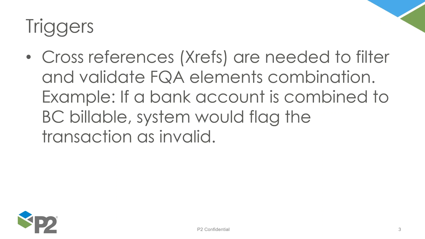So when you activate the cross-references between account and bill code, and when you go and define the valid combinations and the invalid combinations, then if you match a bank account with a billable bill code, the system will throw a message to tell you that this transaction is flagged as invalid. That raises a control and raises a message to the user to amend his combination.